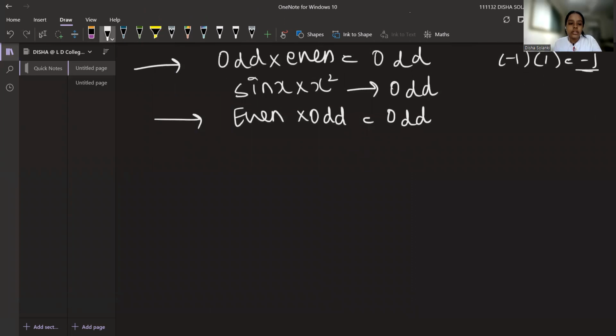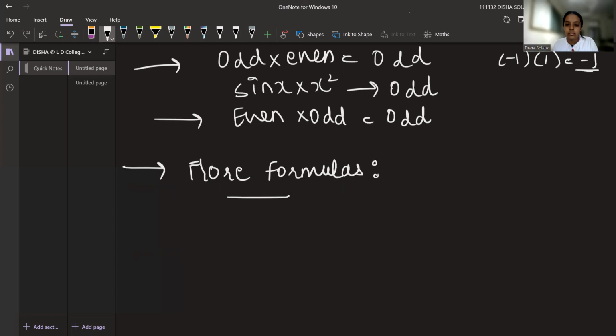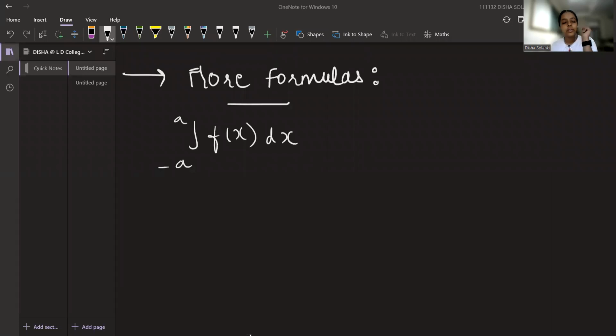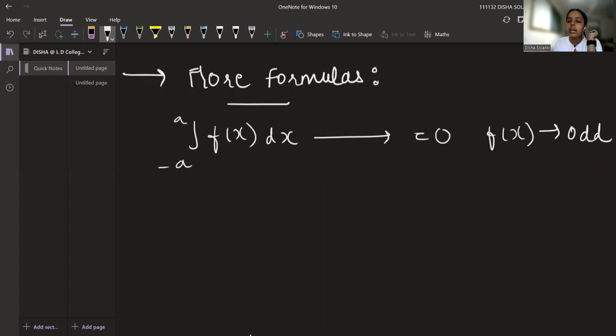Some of the formulas which you need to remember apart from this. If you will be given the function like this, from limit -a to a, f of x dx, then the direct answer will be 0 if the function f of x is odd function, as I told you which is odd function and which is even function.